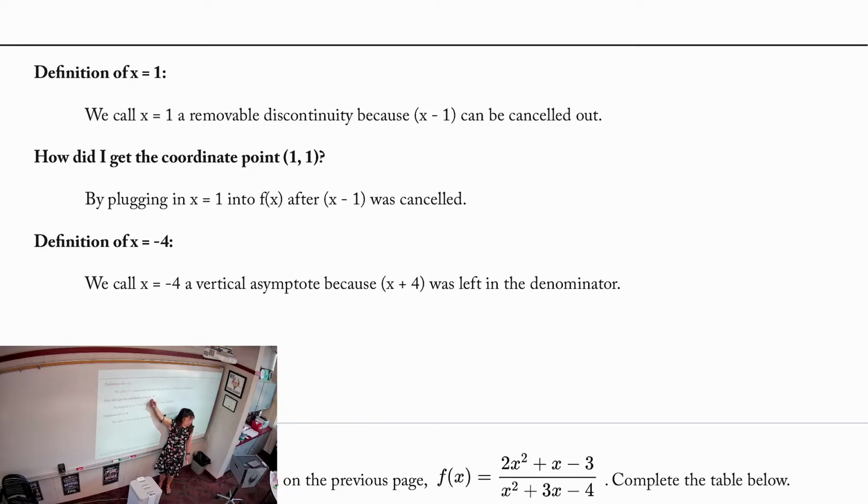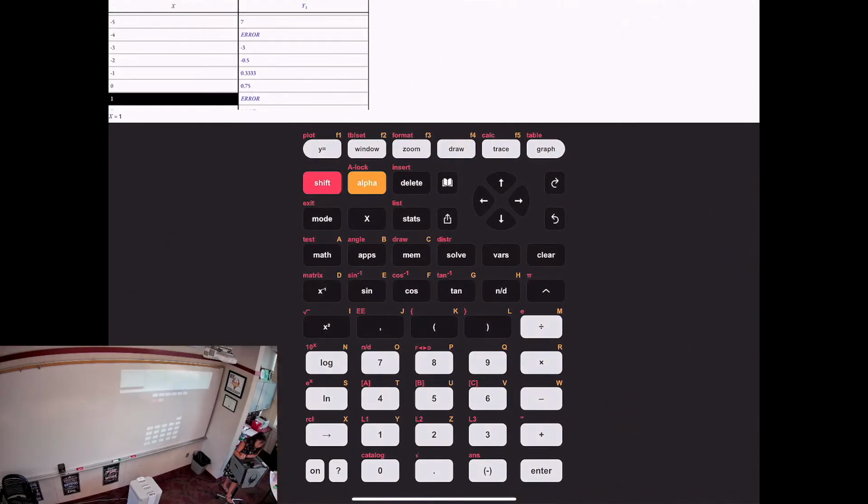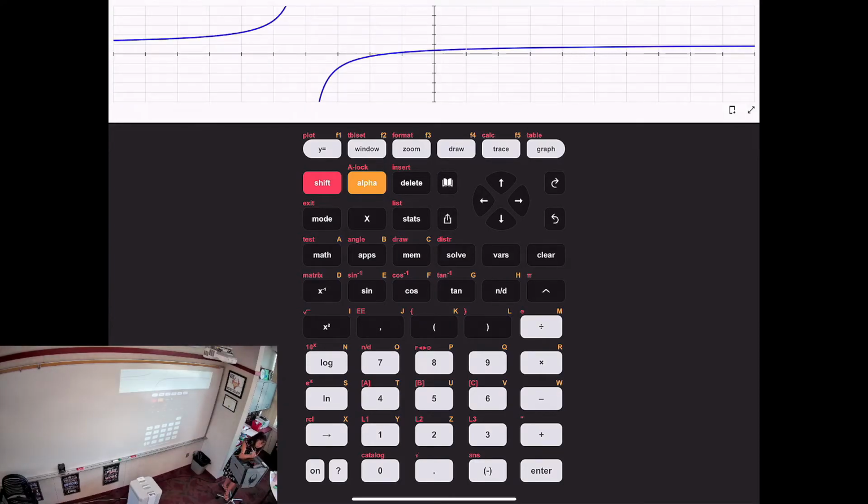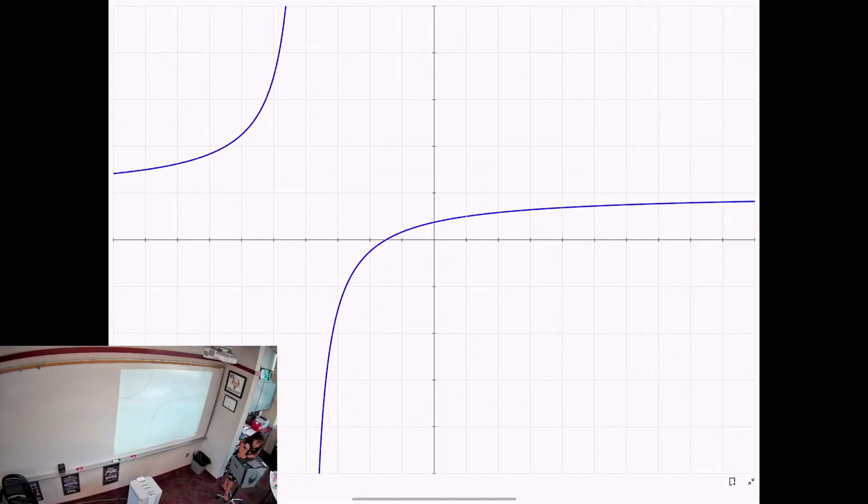discontinuity. But there is an error when you do a graph, because it doesn't actually show the open circle. On a graphing calculator, on any app, you actually have to trace to know that it's undefined there. Because if you were to look at my graph, it looks connected at 1.